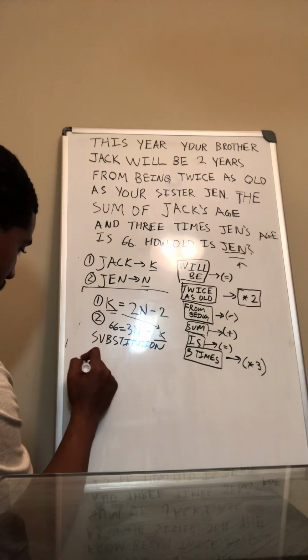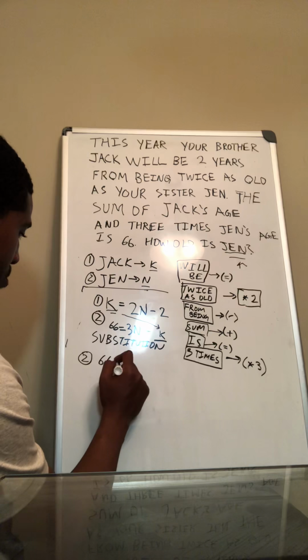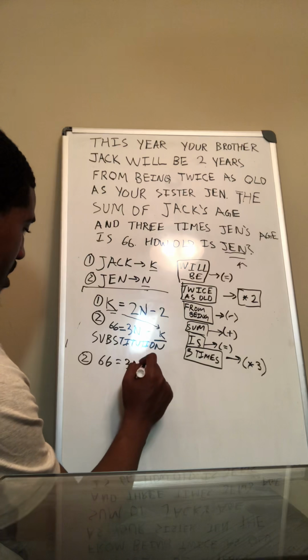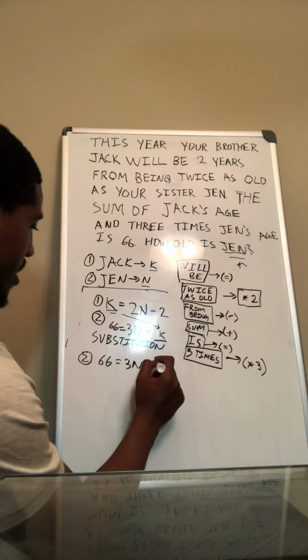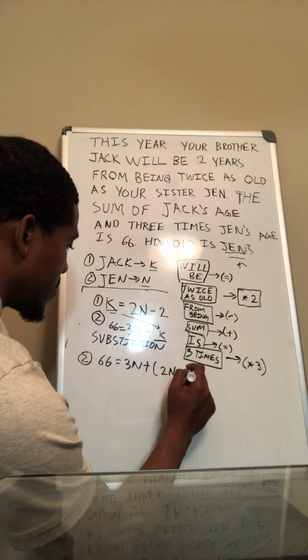So you would rewrite equation 2 as 66 is equal to 3n. Now you do your substitution for K. K is equal to 2n minus 2.